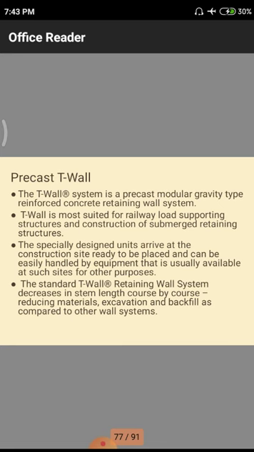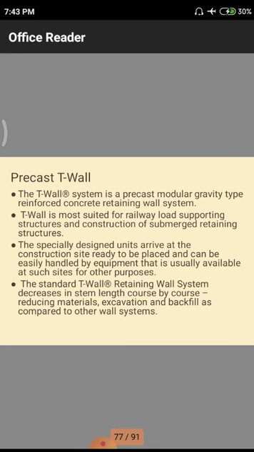These we observe in docks and harbors. Submerged retaining means the structure is totally embedded in the water itself, so they are called submerged structures. In both conditions we utilize these precast T walls: first one is railways, second one is submerged retaining structures.